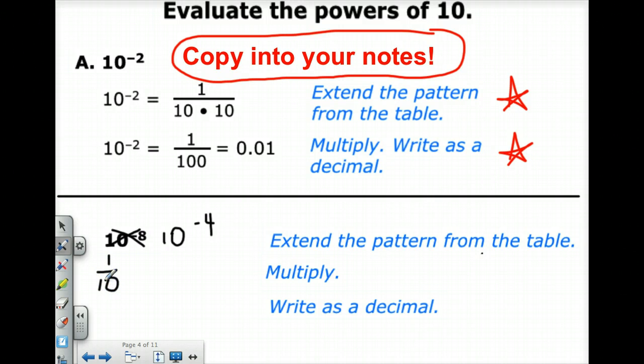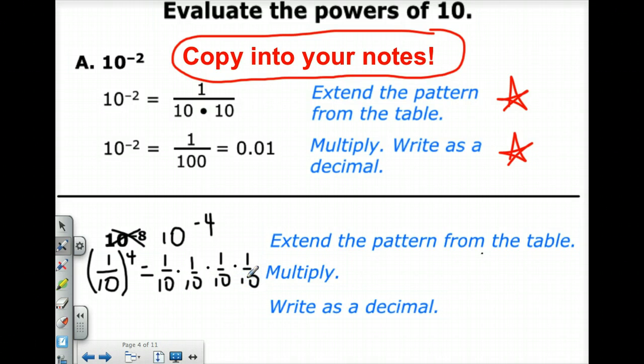So as soon as I take that base and I write it as its reciprocal, my exponent drops the negative, and so now it's 1/10 to the 4th power, which is 1/10 times 1/10 times 1/10, and then one more 1/10.